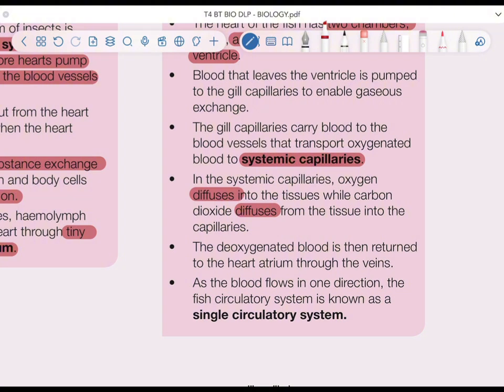As the blood flows in one direction, the fish circulatory system is known as a single circulatory system.